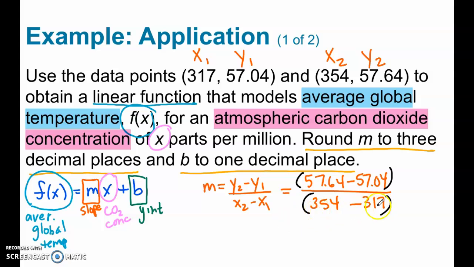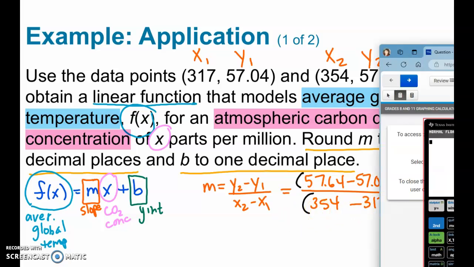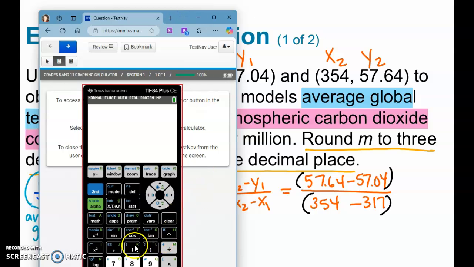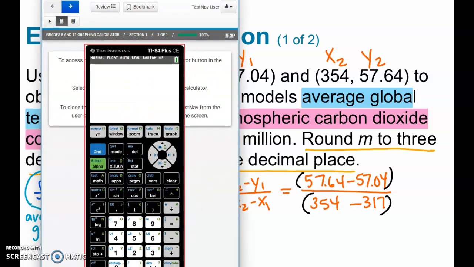So I'm going to write it like this. Here's my numerator, and then I'm going to hit divide by, and then put the denominator in parentheses also.